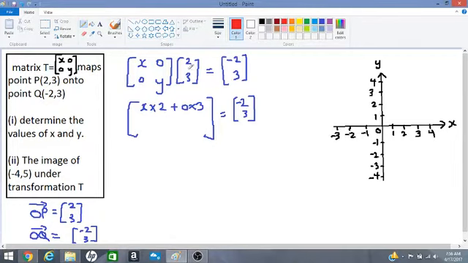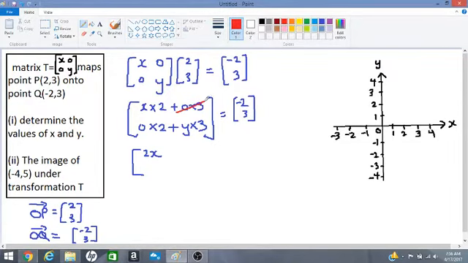Here, let's multiply the second row of the first matrix by the column of the second matrix to produce this number 3 here. So we have 0 times 2 plus y times 3 below. We work out inside the brackets: x times 2 is 2x, 0 times 3 is 0, that disappears.